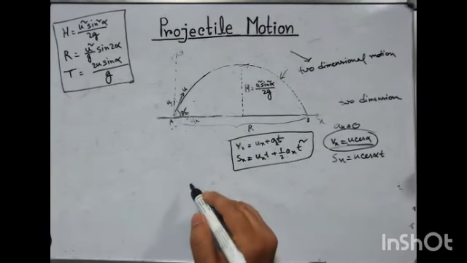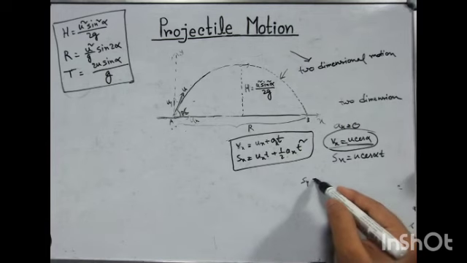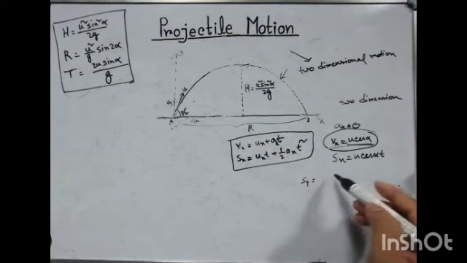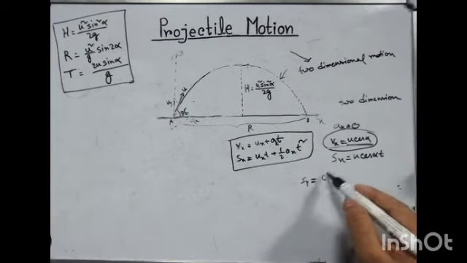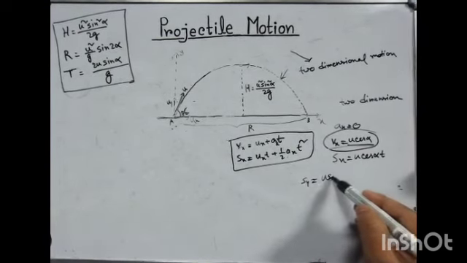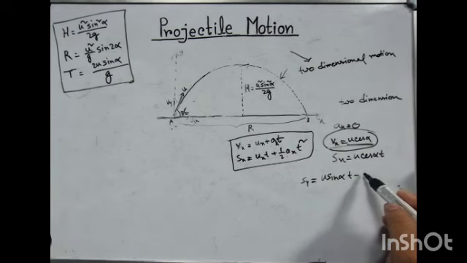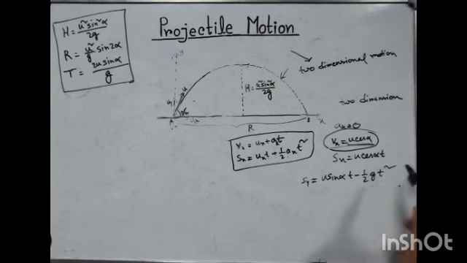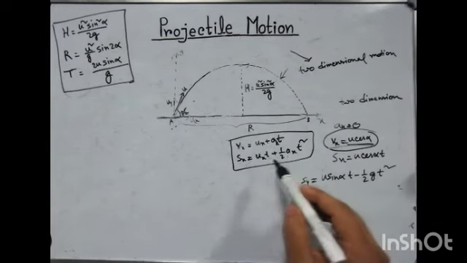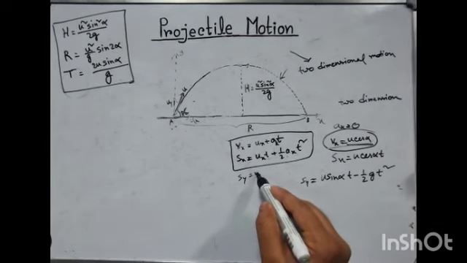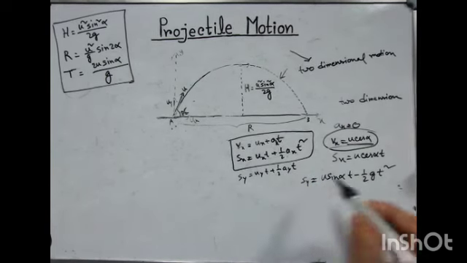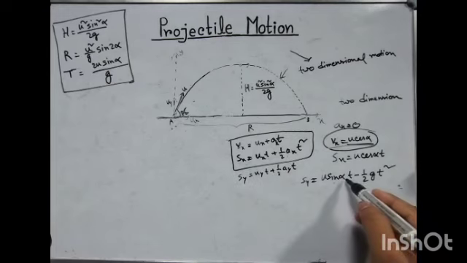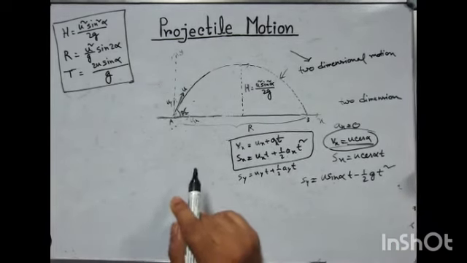So Sx equal to u cos alpha t, and Sy will be u sin alpha into t minus half g t square, because for sy we know uy t plus half ay t square, ay equal to minus g, and uy is u sin alpha. So that is our sy.